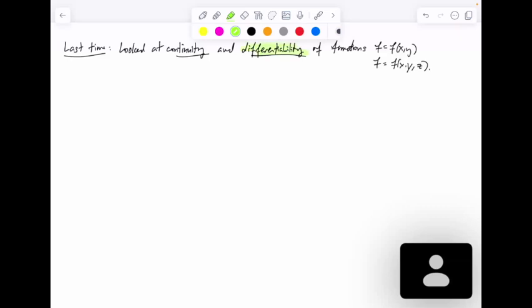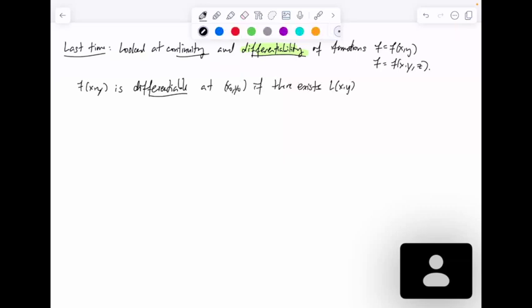One thing is if you take, right, so f of xy is differentiable at a point, let's say x naught, y naught, there exists a function, right, let's call it L of xy, that approximates f of xy well near x naught, y naught, right?